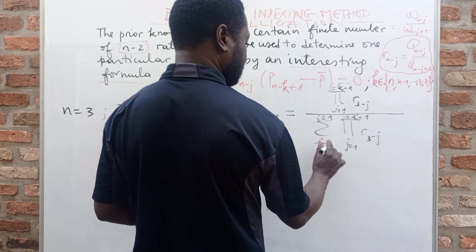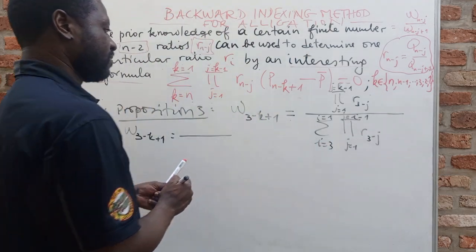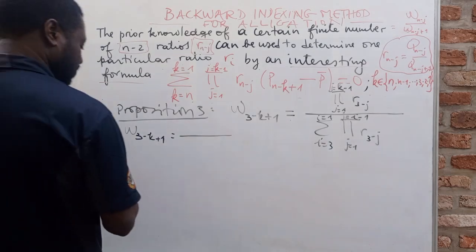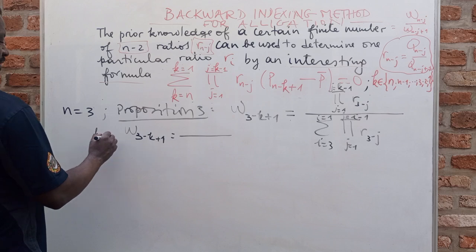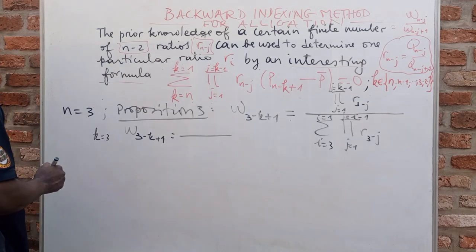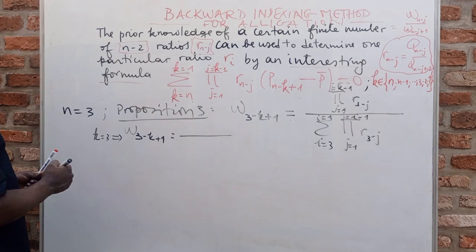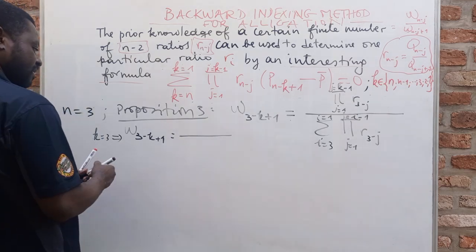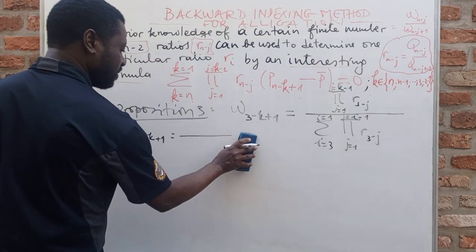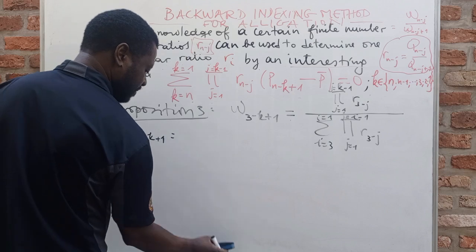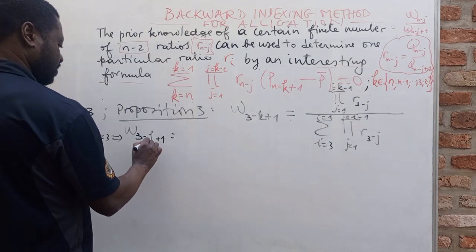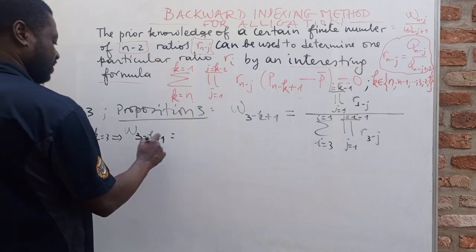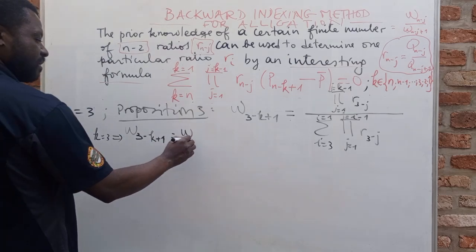And then I start from i equal to 3. Okay, so let me take k equal to, suppose, 3. So I'm going to substitute here. This will be the first one. If k equals 3, this will be omega 1.